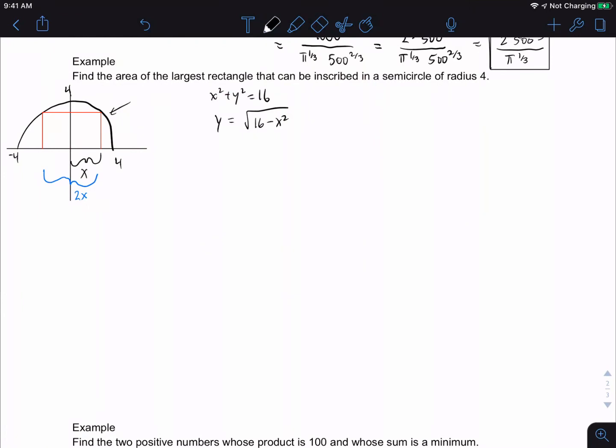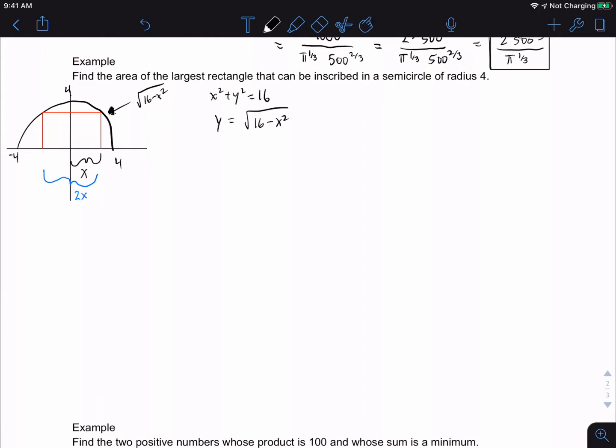Now, what's cool is where this line intersects, this corner of the rectangle intersects the half circle, that is the height of that circle. So isn't that this as a height, right?